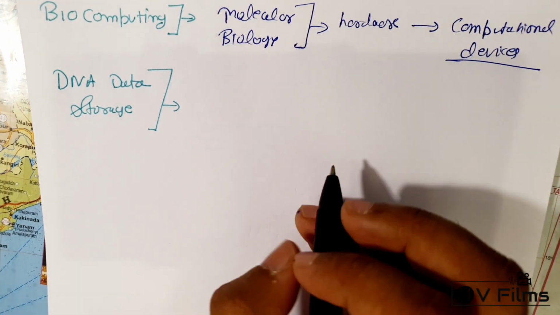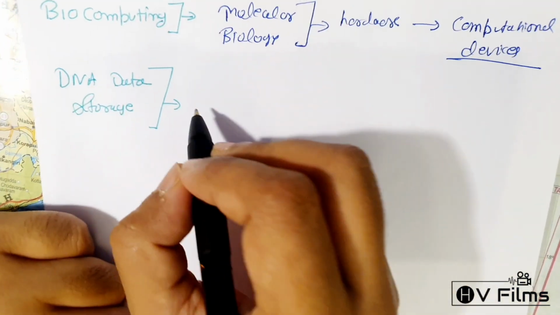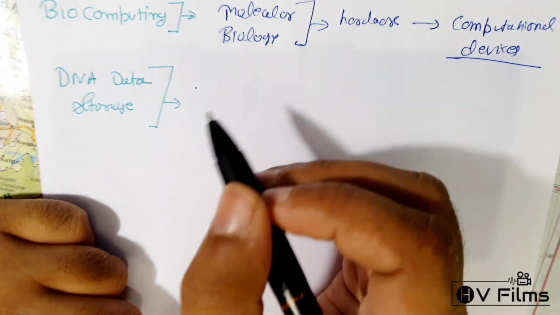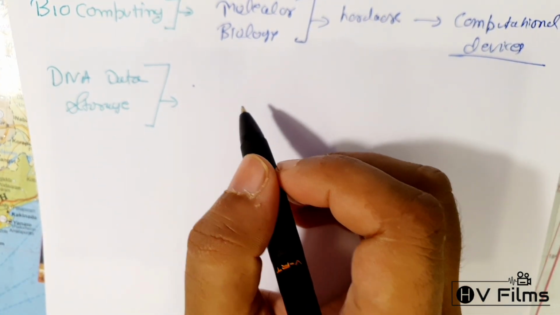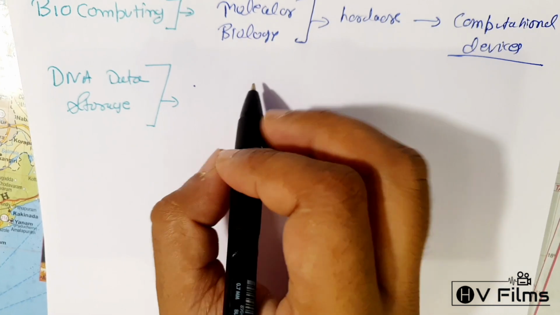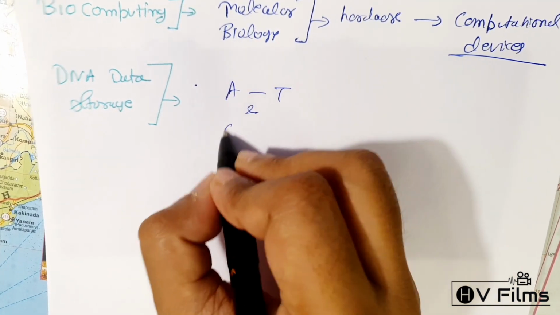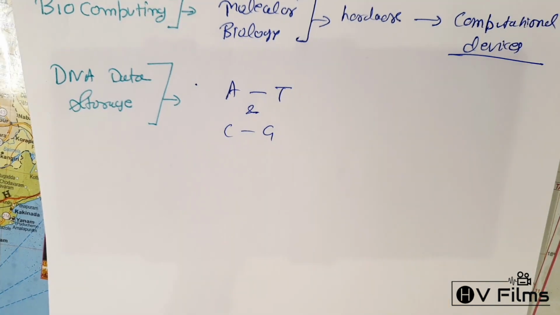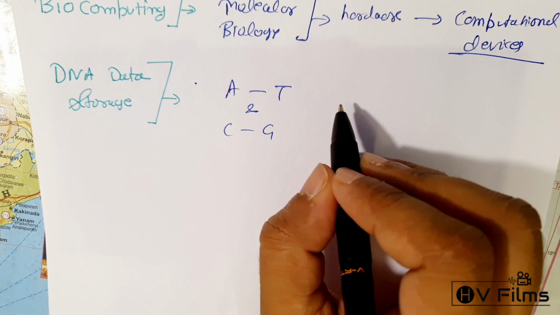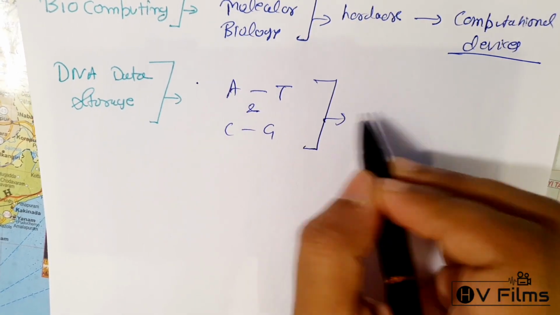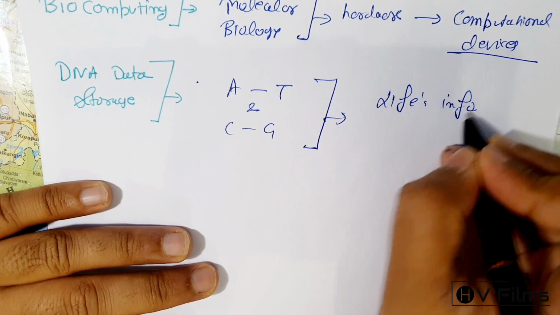So it is basically an alternative to hard drives and storage systems, in the form of DNA data storage. As we have said, DNA consists of long chains of nucleotides, for example, as we have discussed, A, T, C and G: adenine, thymine, cytosine and guanine. So these basically act as life information storage material.